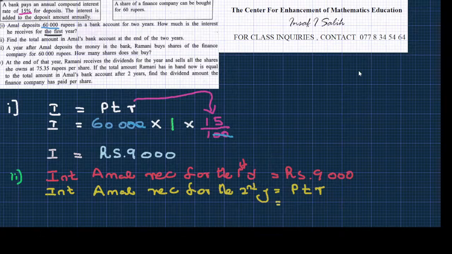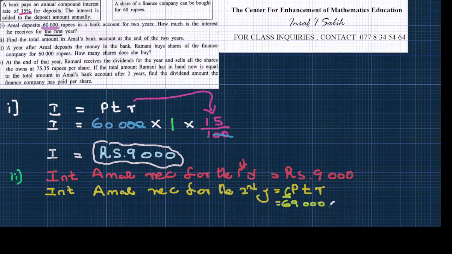He has already invested 60,000, and this 9,000 gets added. Why am I doing so? Because the interest scheme is compound interest. So the interest of the first year gets added to the original principal. So the principal for the second year is 60,000 plus 9,000, so altogether it's going to be 69,000.